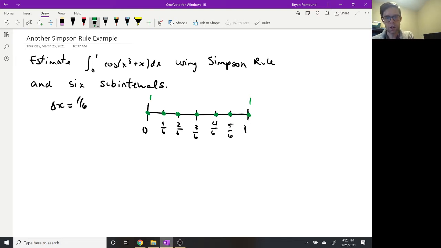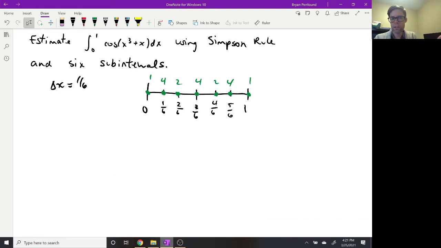Wikipedia has a really great visual of this, so if you want to see it, I would recommend going there, where essentially it takes 3 of the heights and tries to calculate an approximating parabola at the top. So instead of having a flat surface at the top of that approximating rectangle, it curves it and uses an approximating parabola. And so we get this alternating sequence of 4s and 2s at the expense of using this different kind of approximation method.